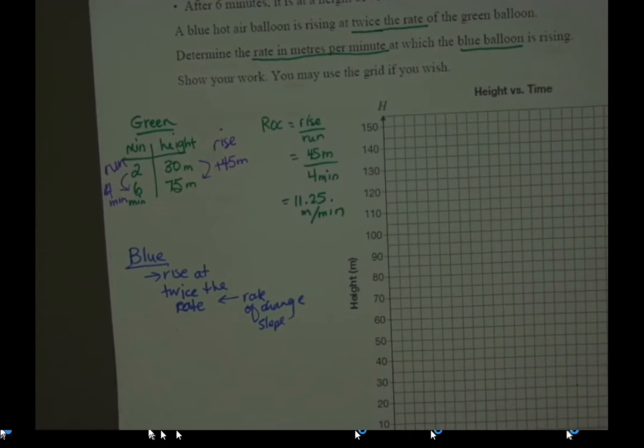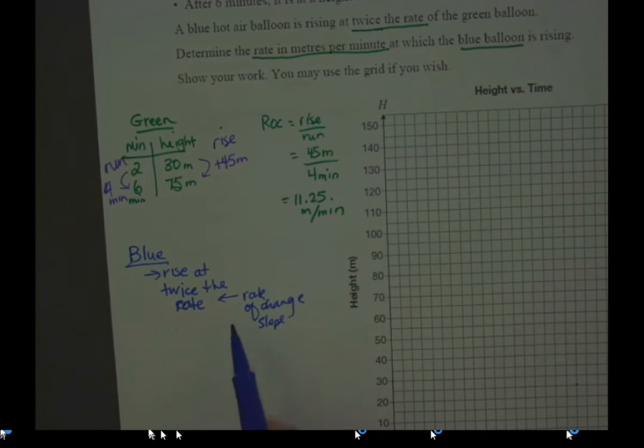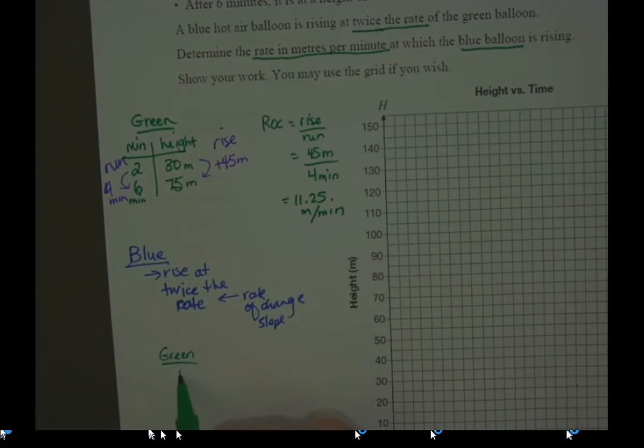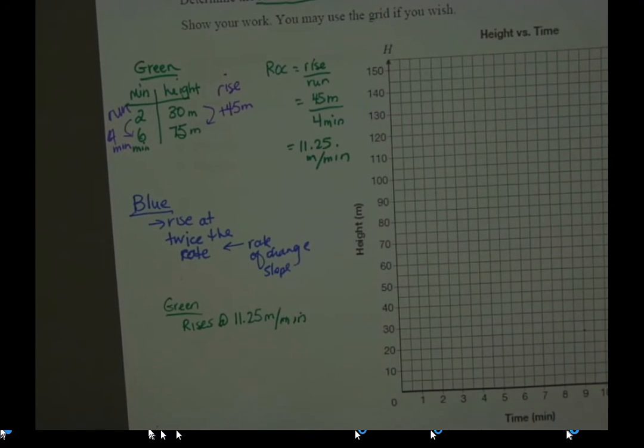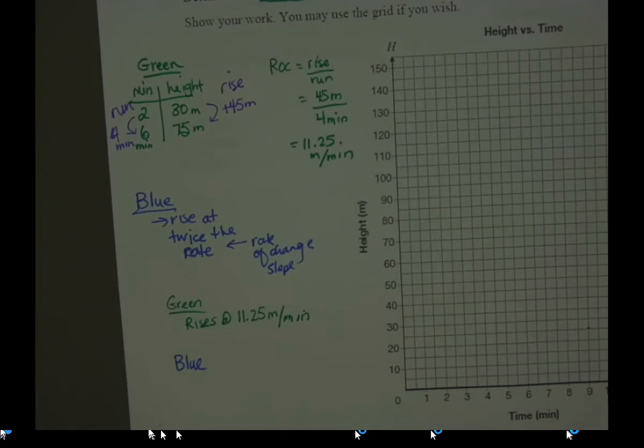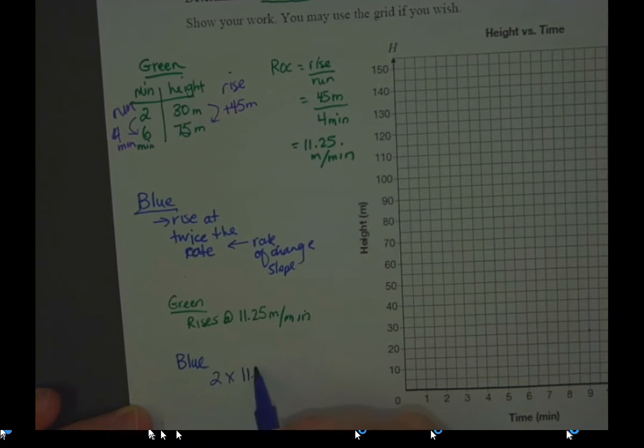What we need to do is find double the rate of the green. Well, if we know the green rises at 11.25 meters per minute, and we know the blue is twice the rate, we can do 2 times 11.25.